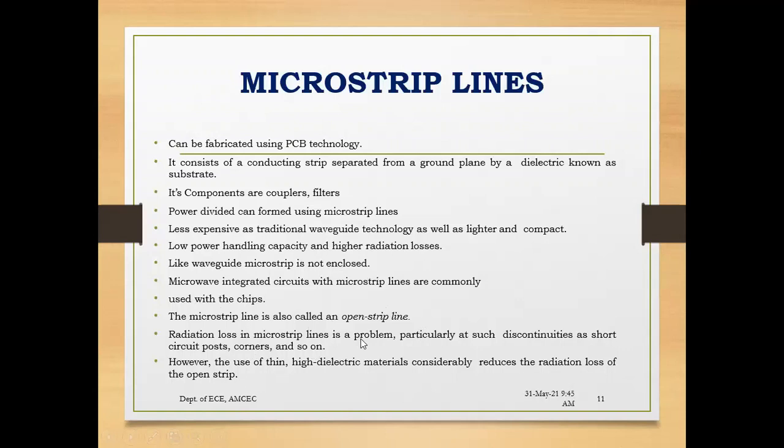Radiation loss in microstrip lines is one of the main disadvantages, particularly where you have discontinuities such as short circuit posts, corners, etc. The use of thin and high dielectric materials will reduce the radiation losses in the open strip. So these are certain features you have to know about microstrip lines.